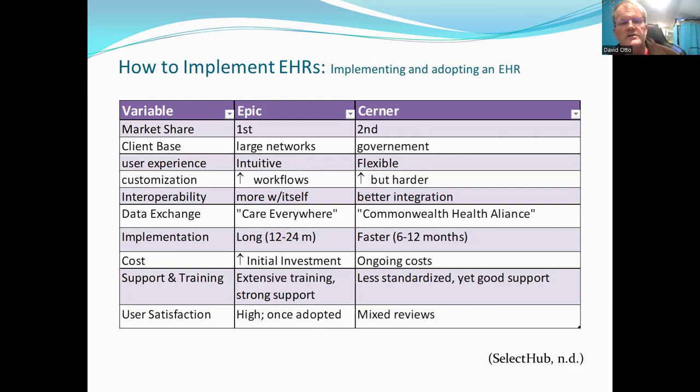The cost is a tremendous amount of financial investment with Epic, both the implementation investment and then ongoing cost in perpetuity. Where Cerner, there are ongoing costs that were mentioned by the research from Select Hub, which is noted in the bottom right-hand corner.